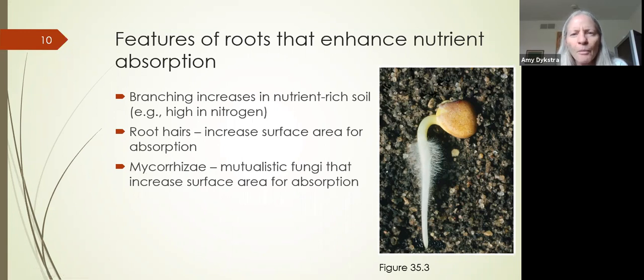And we will learn more about these fungi in about a week. These fungi penetrate into the tissues of the root. And it's mutualistic because the plant provides sugar for the fungus, but then the fungus also extends its filaments, its hyphae, into the soil, and that greatly increases the surface area that the plant has for absorbing nutrients. So all of these adaptations help the plant absorb nutrients.